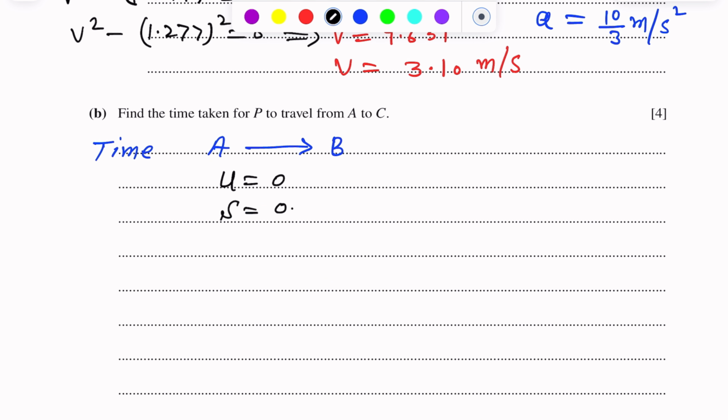Distance from A to B is 0.8, and time we have to find. Acceleration from A to B is 1.02 meter per second square. Already we have found it.